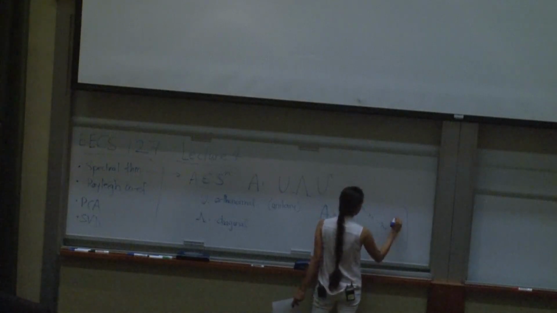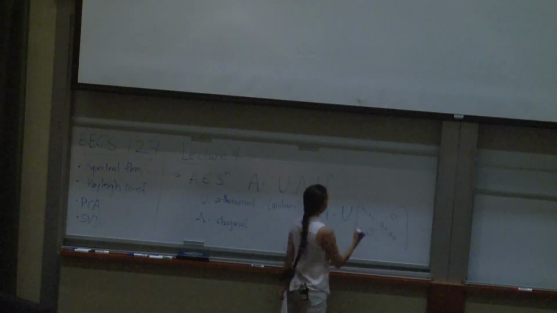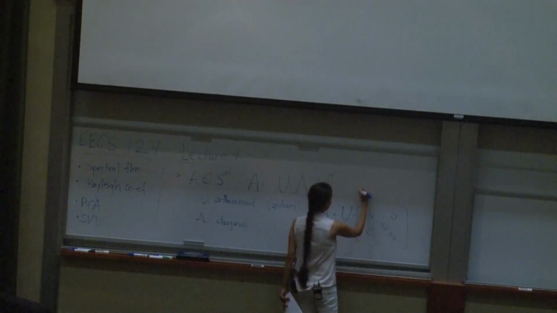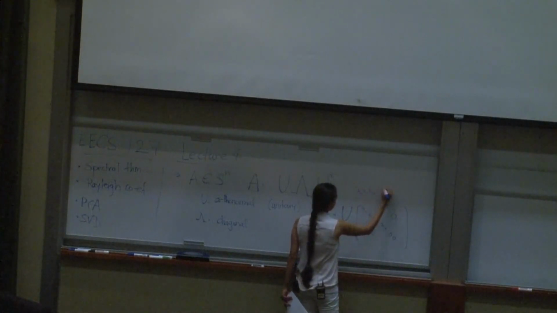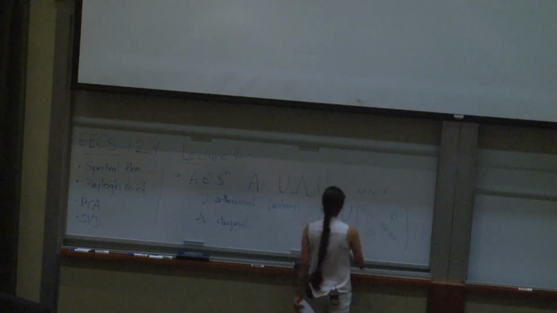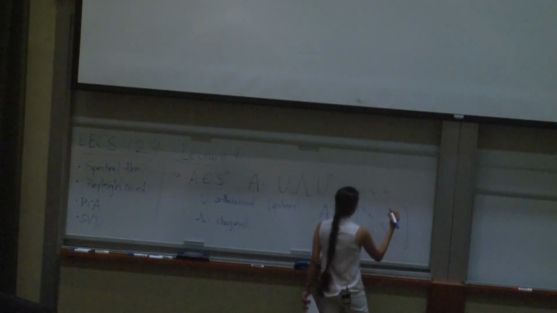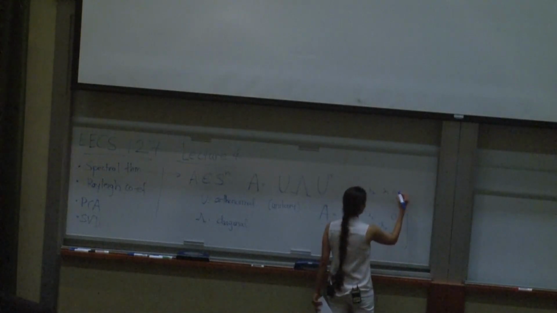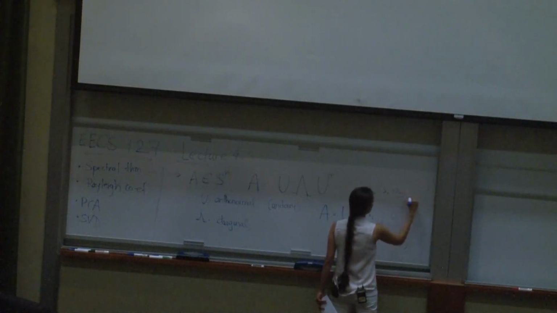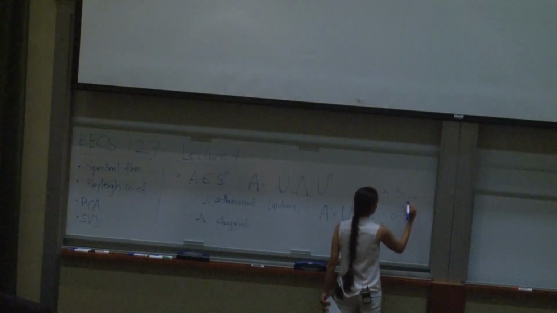So I organize my eigenvalues in decreasing order of absolute value, lambda 1 greater than or equal to lambda 2 greater than or equal to lambda r greater than or equal to lambda r plus 1, and all of these are 0.